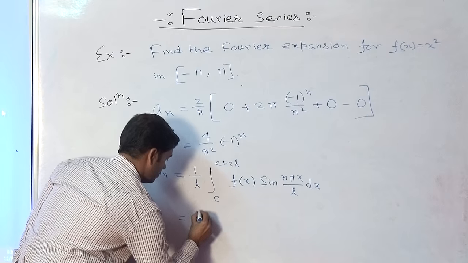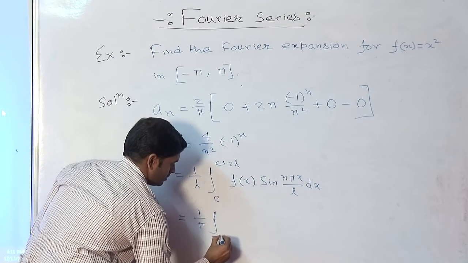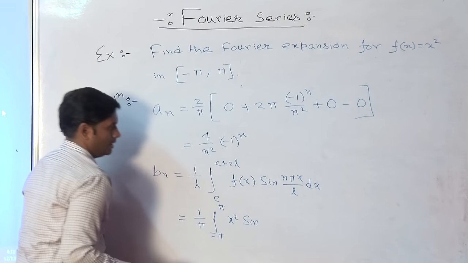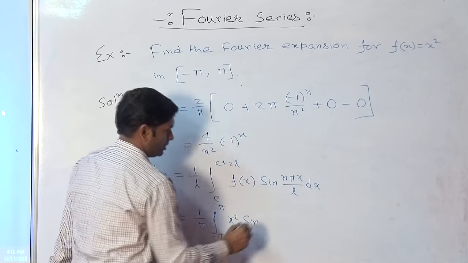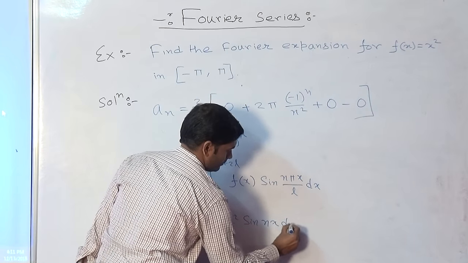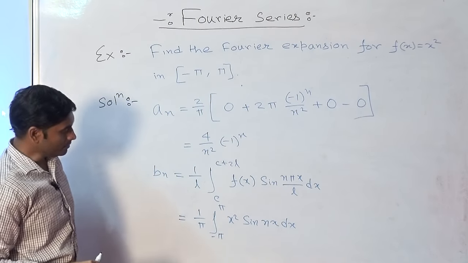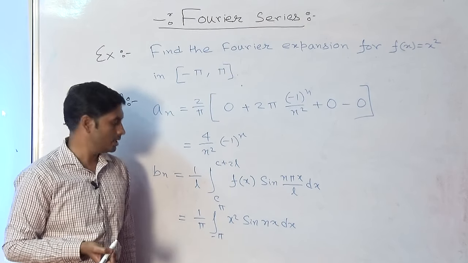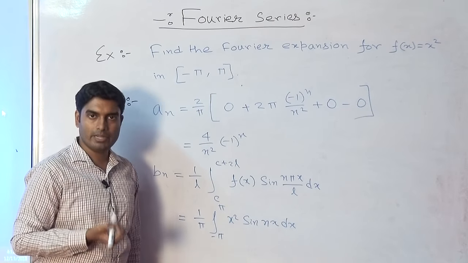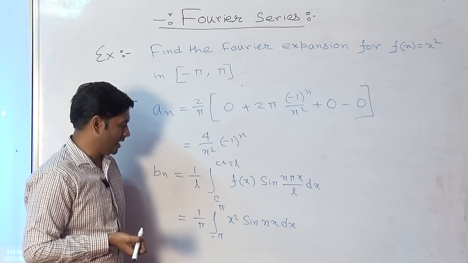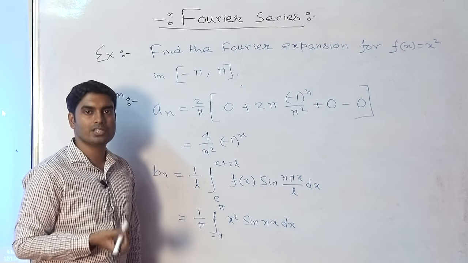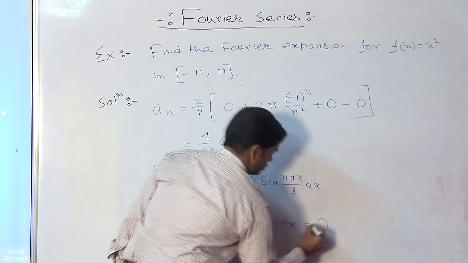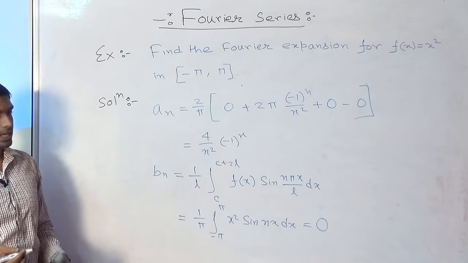So this is 1 by pi integral minus pi to pi x square sine of, now L is pi, so pi got cancelled, so it will be nx dx. Now see, x square is an even function and sine of nx is an odd function. So the product of these two functions will be an odd function, and we are integrating this over a symmetric region. Therefore, the value of this integration will be 0. So our Bn is 0.